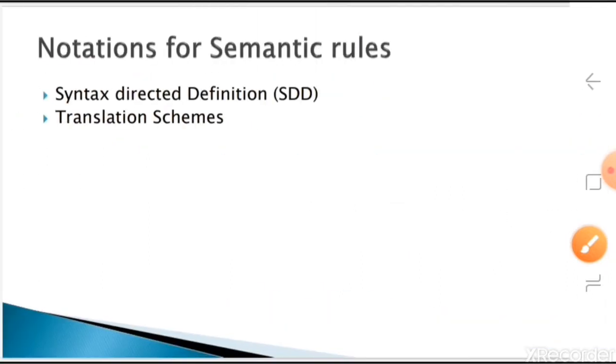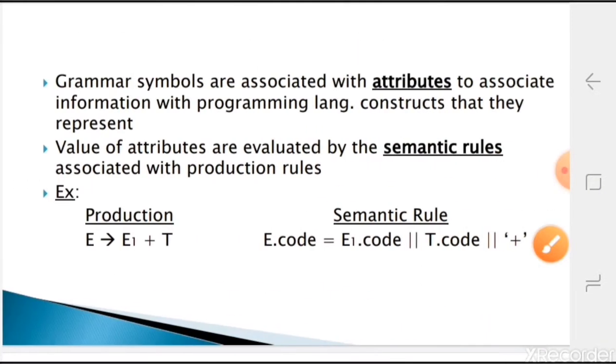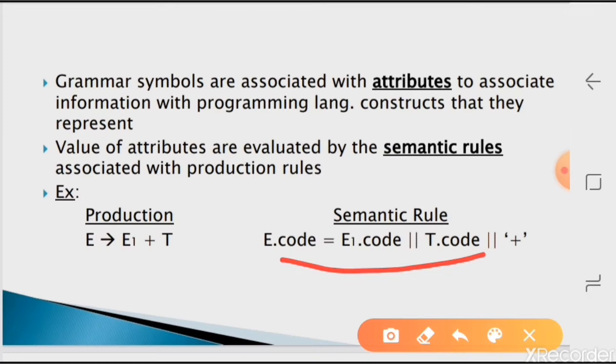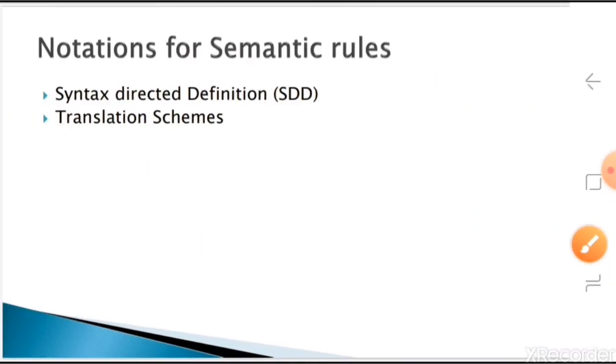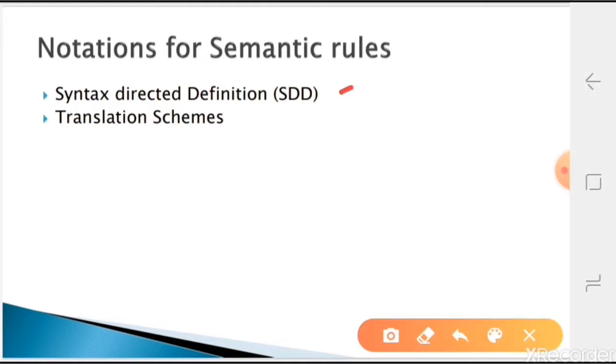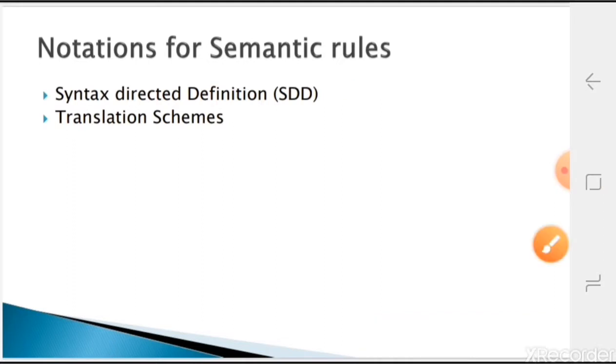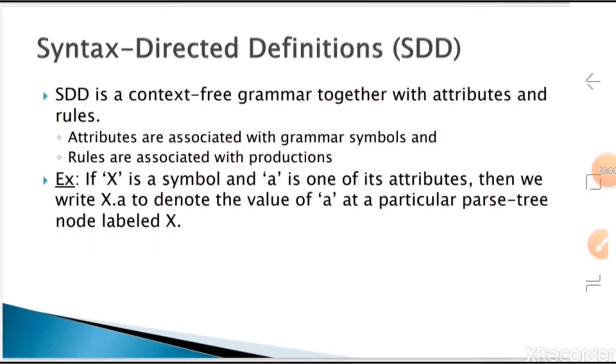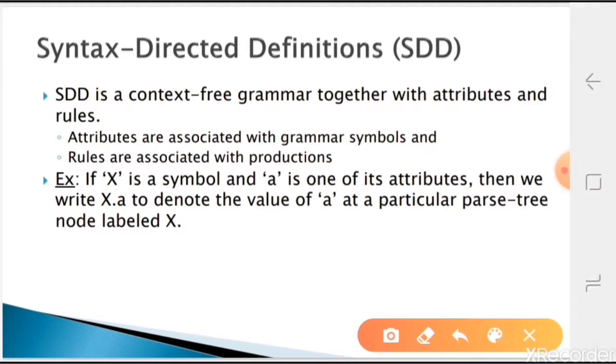Now this semantic rule we can write in two ways. The first one is SDD, that is syntax directed definition, and the second one is translation schemes. In detail we'll study one by one. First we'll study SDD. SDD is the syntax directed definition.